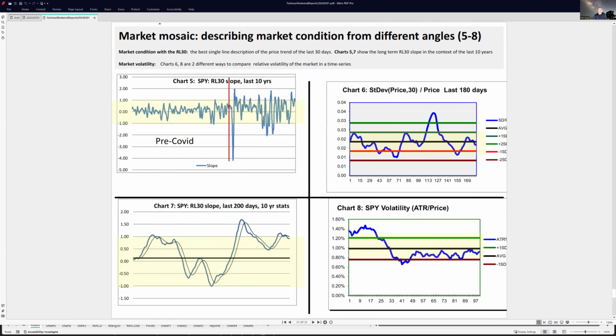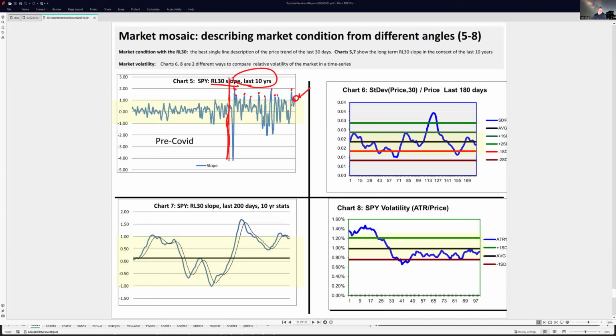If you look at that slope statistic of the RL30 against the last 10 years, there have only been 10 times in the last 10 years that it's been better than this. And all of that came out of rebounds out of COVID.